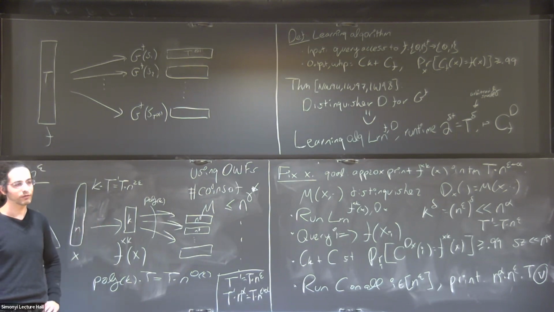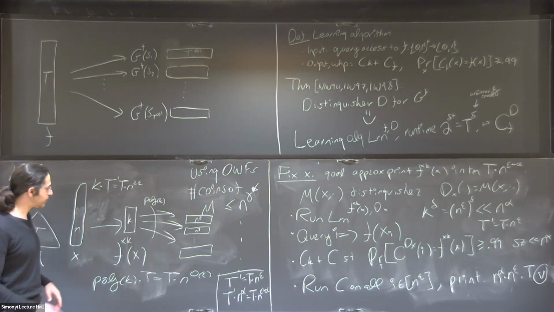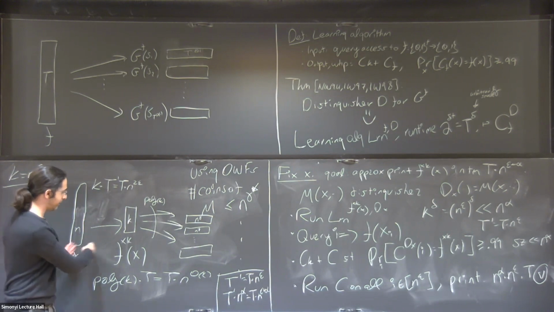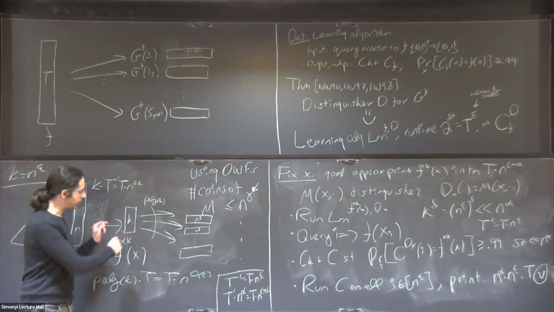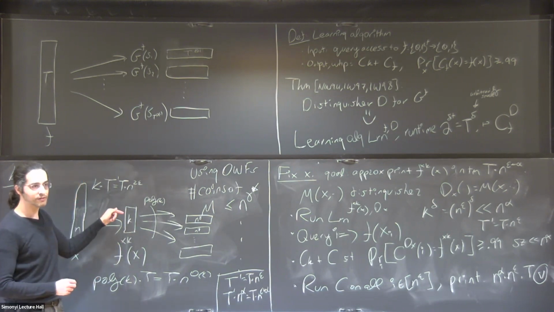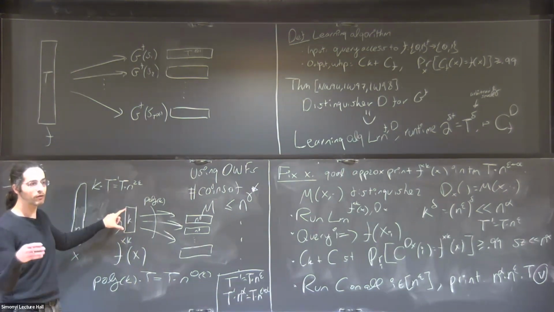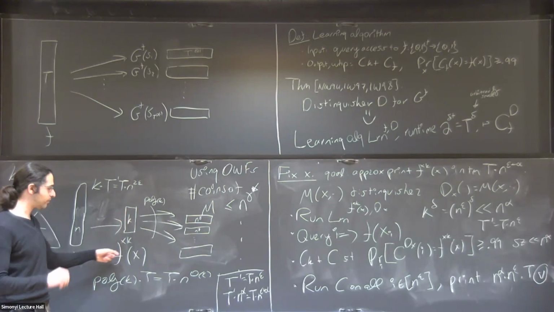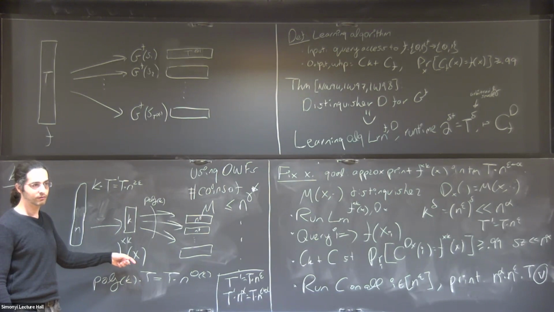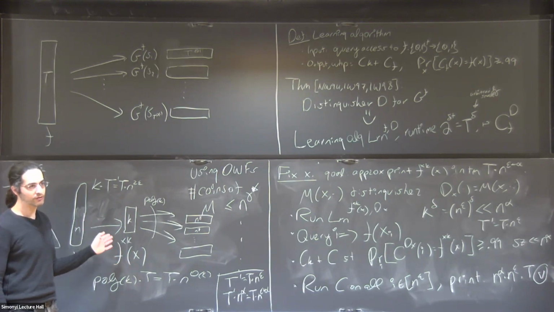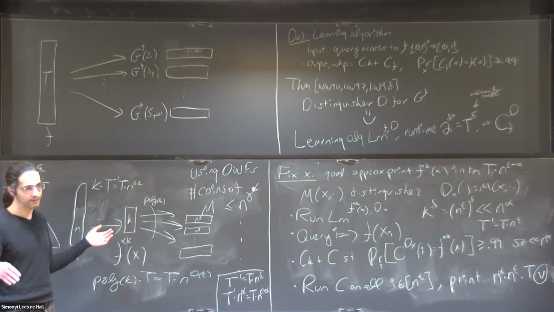Can you repeat the stronger version? Yeah, if you assume that there is a function mapping x to these k bits, such that you can compute each bit slightly faster than the lower bound for approximately printing the entire thing, and that the lower bound holds with high probability over every polynomial time sampleable distribution of x's. In this case it was just the uniform one, because the direct product gives us hardness over product distributions, basically.